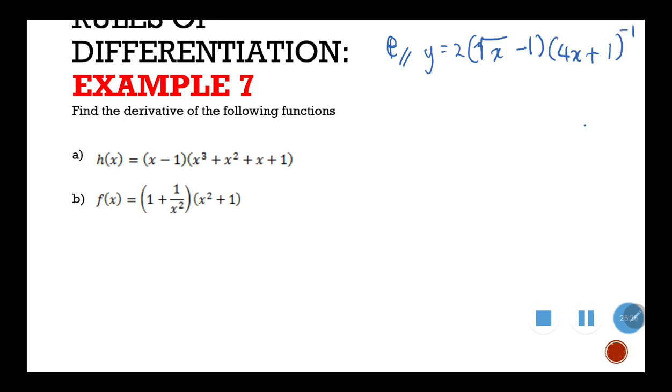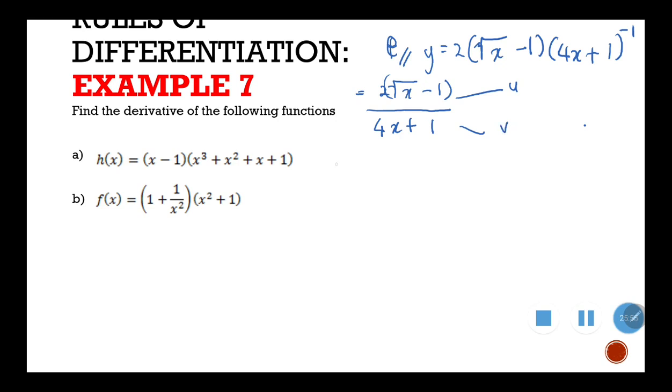We want to differentiate this equation. So how? This can also be rewritten as minus 1 over 4x plus 1. Now we can declare the upper part as u and the lower part as v.